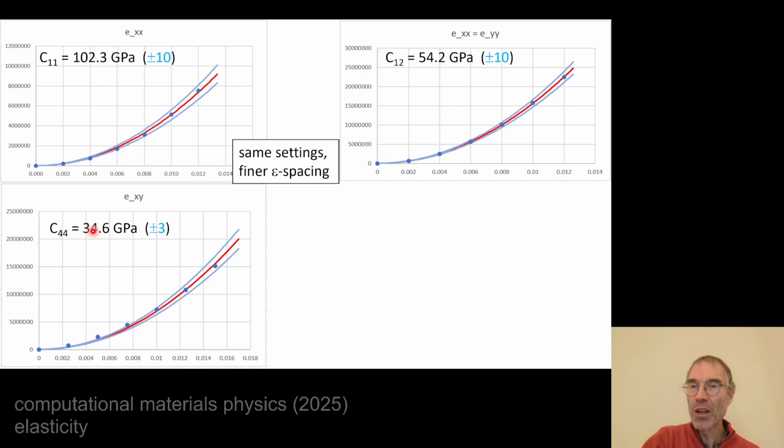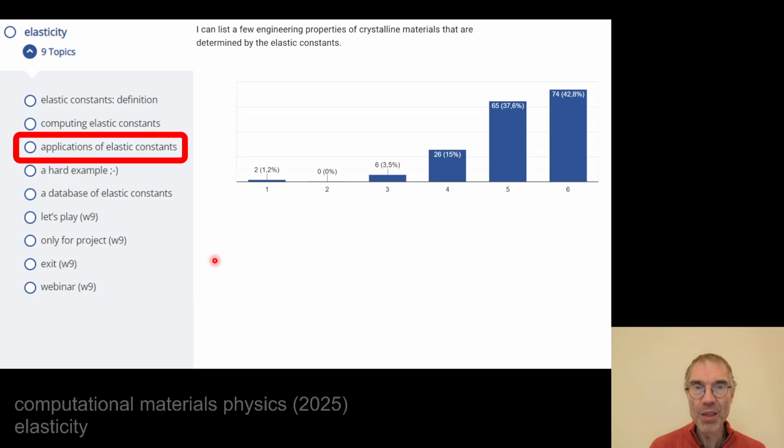Can I have, for instance, a C44 that is 70 GPa, that is twice as large, by small modifications of my data points? And you see here the blue bands that are plus or minus 3 GPa. And these are already quite significant changes. So, no way that by small changes you will suddenly make this 70 GPa. My data clearly indicate it's in the neighborhood of 35 GPa.